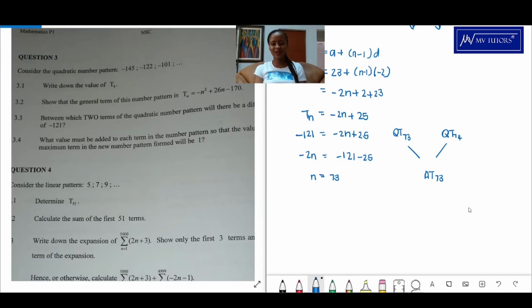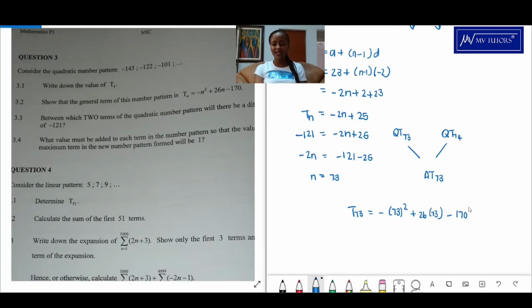For my quadratic pattern, T73 will be negative 73 squared plus 26 times 73. Remember, when you're looking for the term n, you can't have a negative value. You can't say I came in at negative 4th place. It has to be a positive whole number.